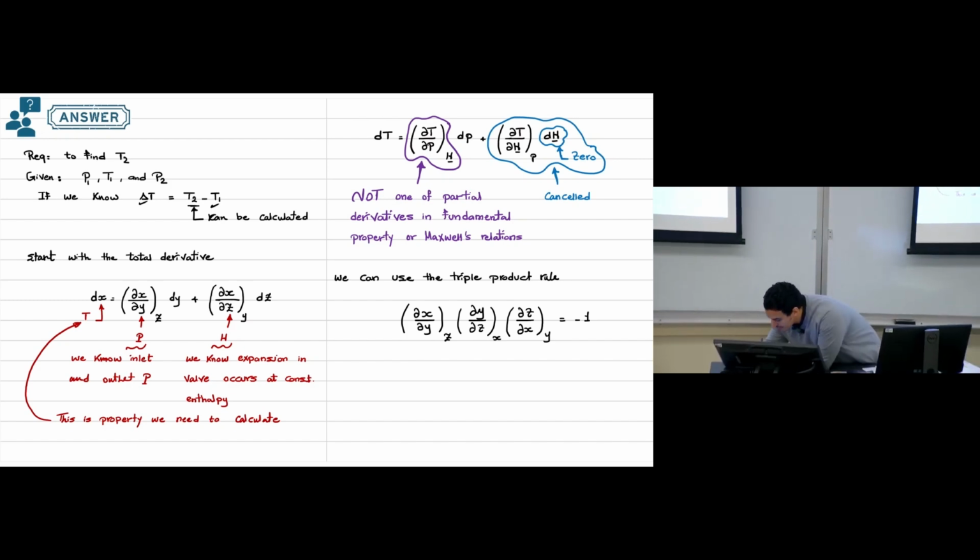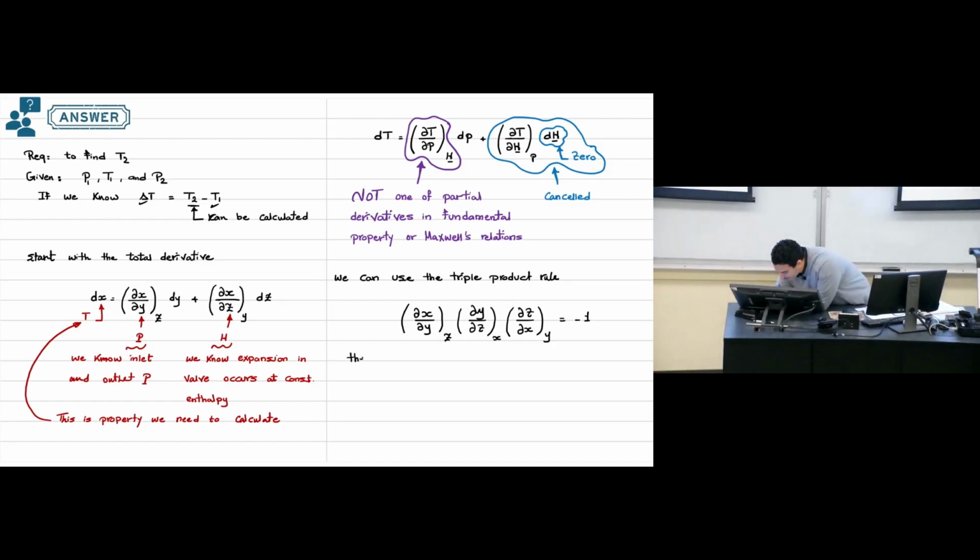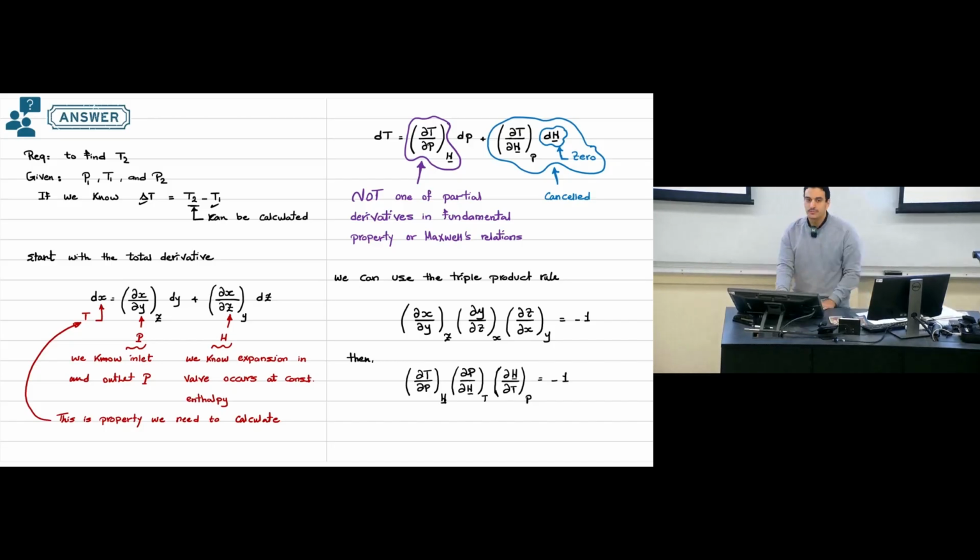So if you put it here, then we can say this one will be dT by dP at constant h, times dP by dh at constant T, times dh by dT at constant pressure, and this is equivalent to -1.